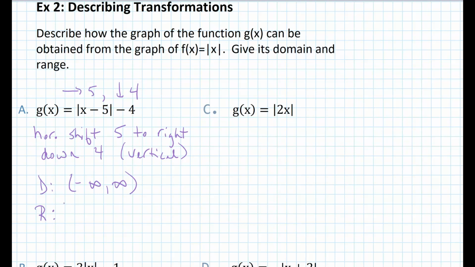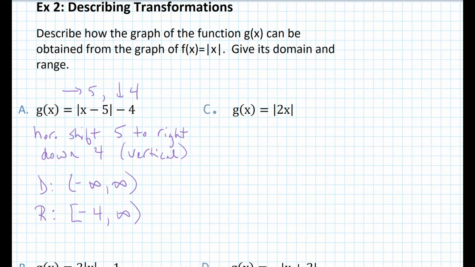So if we take this parent function with a vertex at 0, 0, and first shift it to the right 5, and then down by 4, the range is negative 4 to infinity. Is it closed? Yes, it is included.